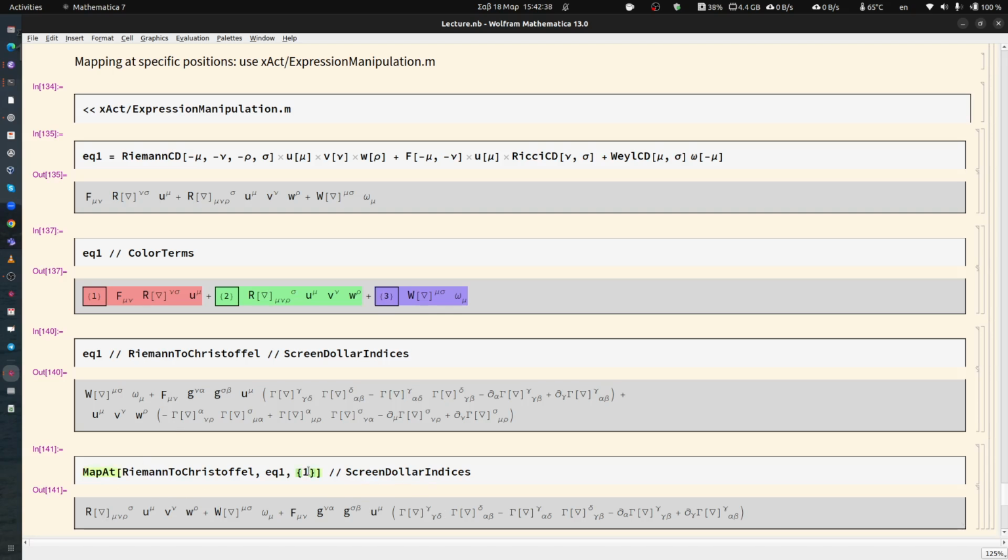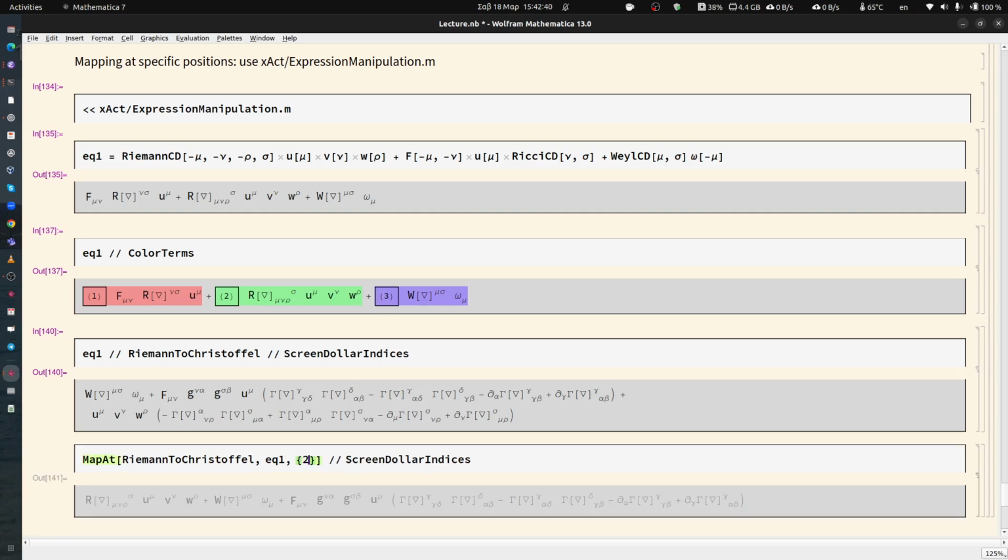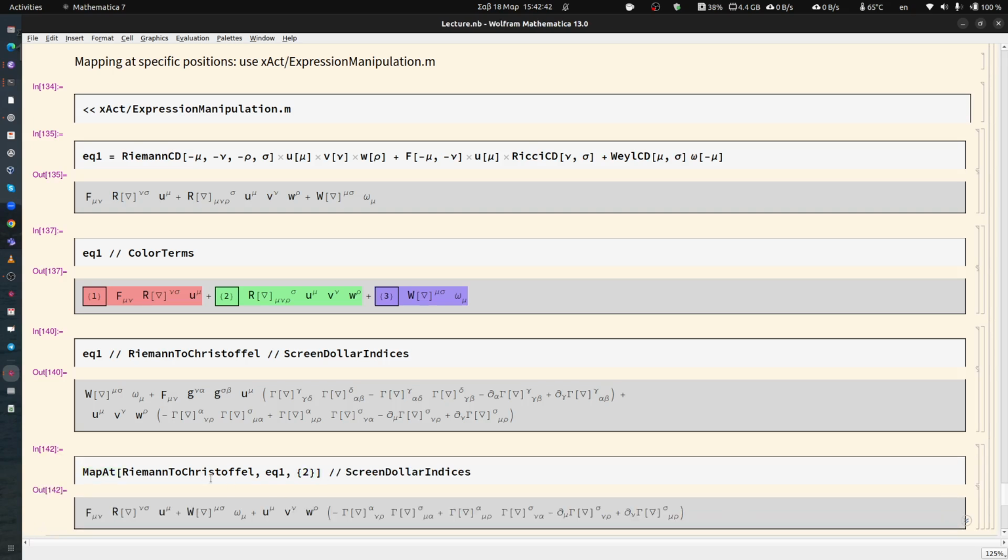Now if I want this to be applied to the second term, then the first term is left intact, and the second term is transformed to an expression involving the Christoffel symbols.